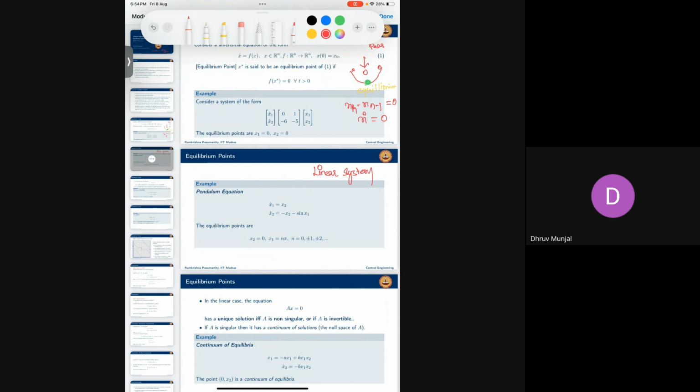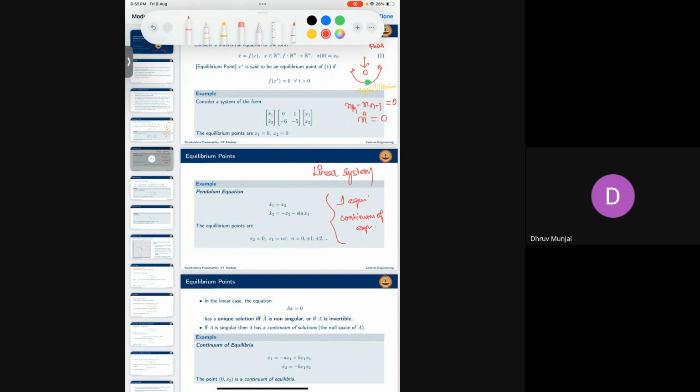If you consider a linear system, it has two possibilities. One is that it has only one equilibrium point, otherwise it has a continuum of equilibrium points. It won't have multiple isolated equilibrium points, but nonlinear systems can have multiple equilibrium points. So if you take a linear system, you can confidently say either it has only one equilibrium point, one minimum, and there will not be different local or global minima.